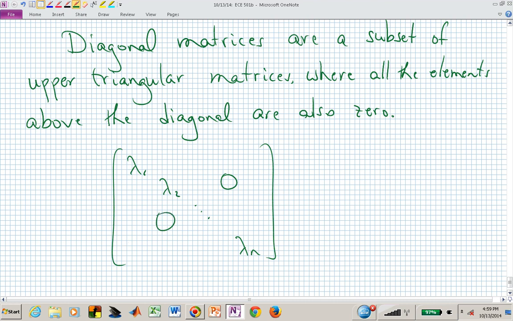We now have something like that, and we're not saying that all of those lambdas have to be non-zero. Some of these lambdas could be 0.